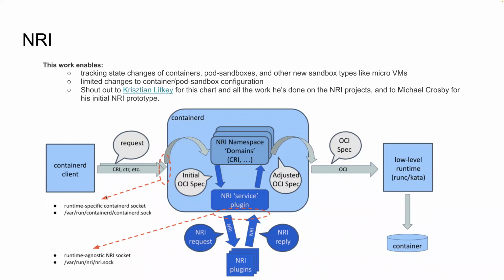And the NRI system makes a lot of sense in the context of launching a virtual machine, right? Because at this point you're interested, for example, in mounting particular types of disks, which might be natively on the host, right?